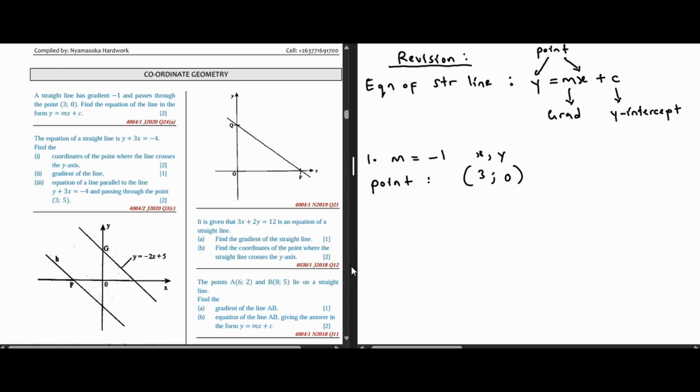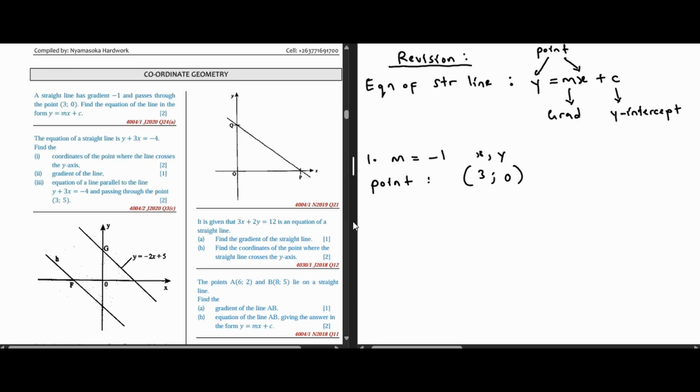Let us read our question. The question says find the equation of the line in the form y = mx + c. So to make life easier for us, we can start off by drawing a line.